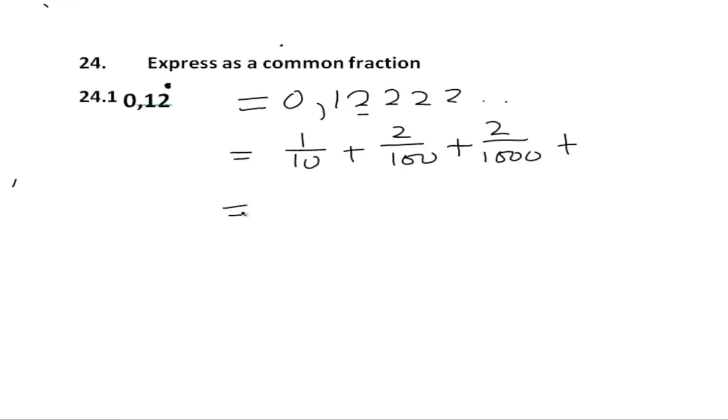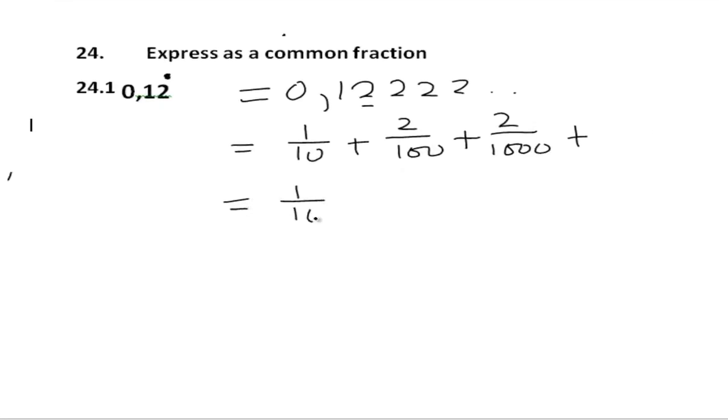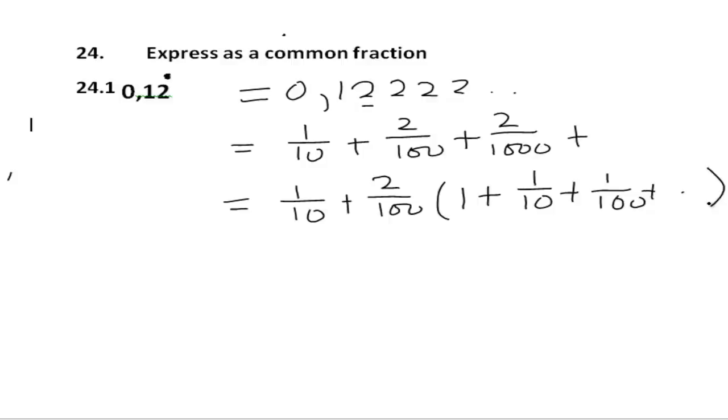Now you'll notice that we have 1 over 10, and we can take out the common factor 2 over 100, and then you get 1 plus 1 over 10 plus 1 over 100, and so on. One can see straight away that this is a sum to infinity. So you notice sum to infinity is quite a useful tool.